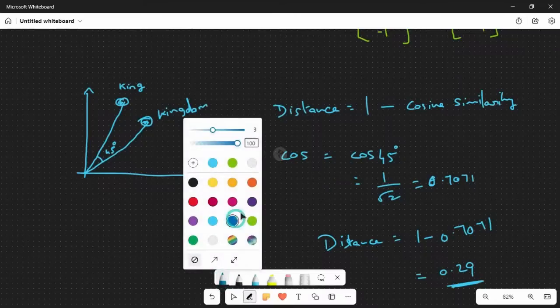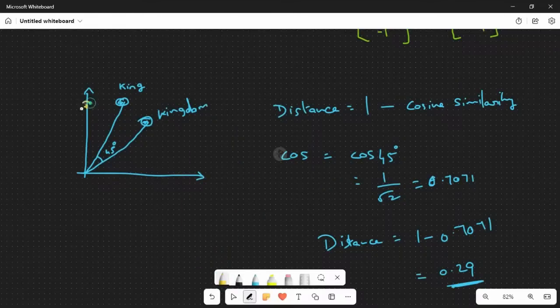Maybe you have some other word. Maybe we make another word. We have a word located here, cricket, and we have another word located here, which is something like burger. So we have 2 words now, and you can see they are not related, we know that. But if you represent them in this way and try to get the angle, it is going to be like 90 degrees, right?